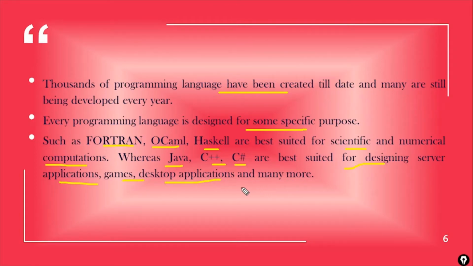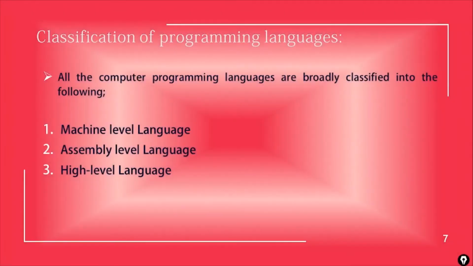That means the languages are designed to perform specific tasks or specific purposes. So every language is designed for a specific purpose. Generally, these programming languages are classified into two different types.